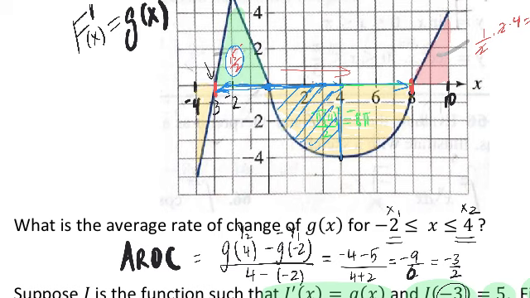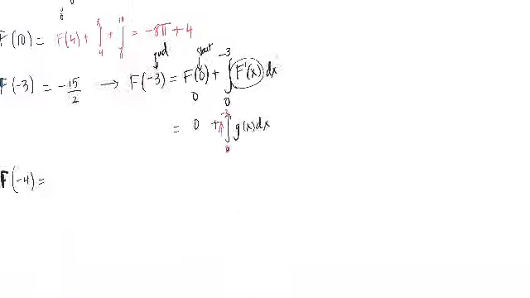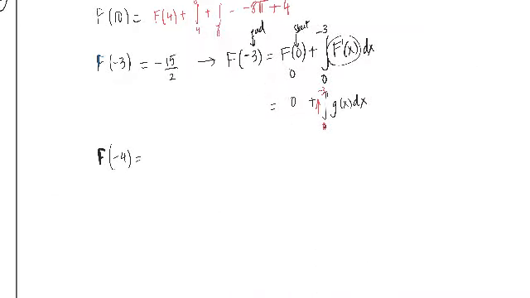I'm moving backwards, but the area is under the axis. So that skinny triangle, 1/2 of 1 times 5, or 5/2, this area right here, this guy 5/2, is going to get added to the negative 15 halves. So f of negative 4 is negative 15 halves plus 5 halves, or negative 10 over 2, negative 5.